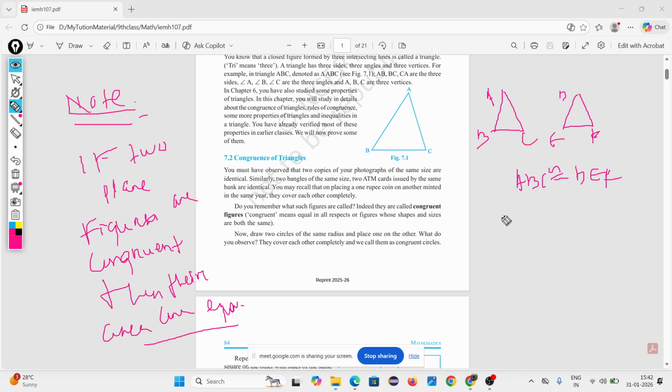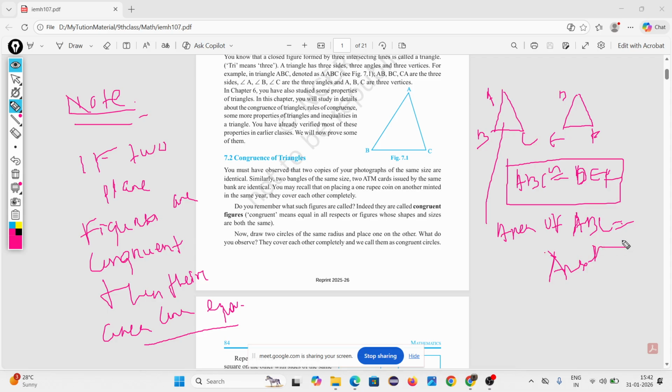Try to understand this slide. Suppose triangle ABC and triangle DEF are congruent. Then the area of ABC should be equal to the area of DEF.